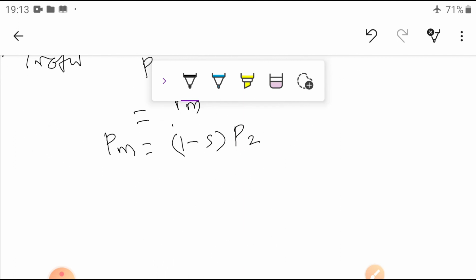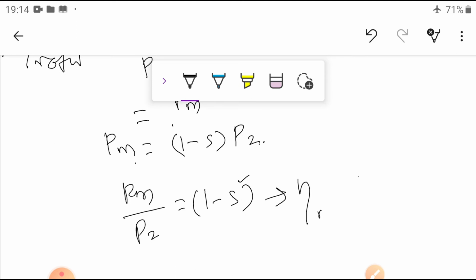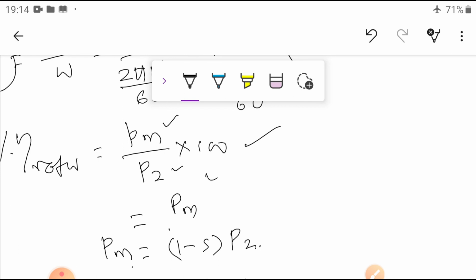So here Pm is the output, P2 is the input, for the rotor. Then Pm by P2 can be written as 1 minus S. So with 4% slip, I can calculate the percentage efficiency of the rotor, or I can calculate from Pm by P2 into 100, otherwise in terms of slip also.